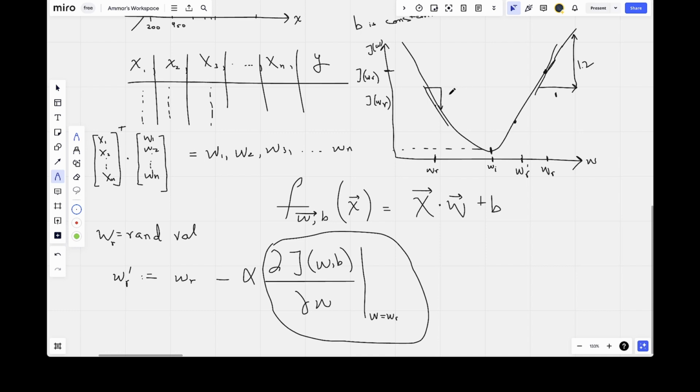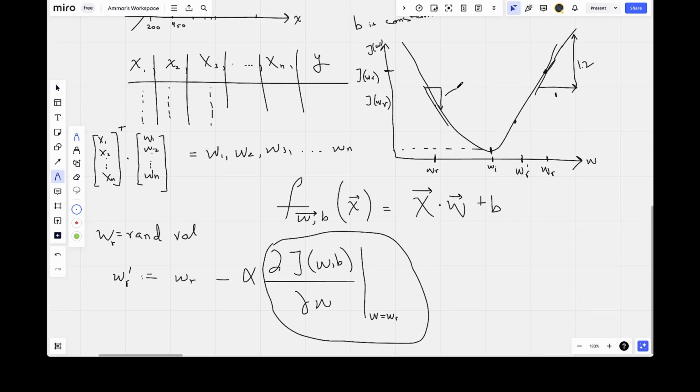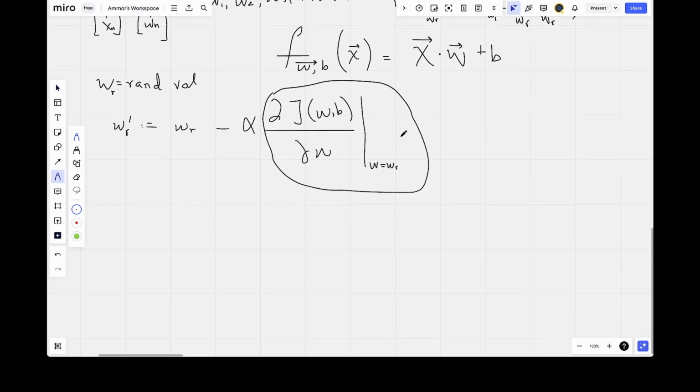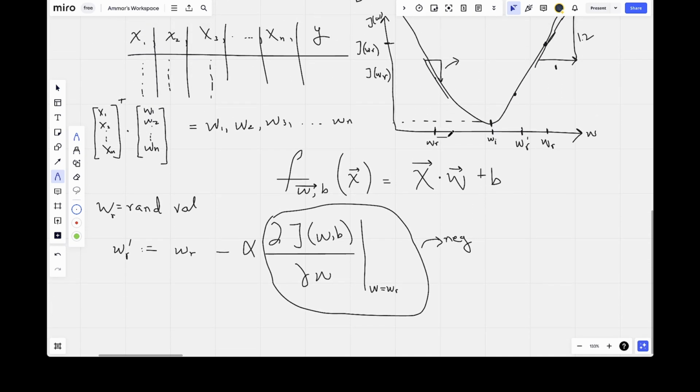It's not necessarily needed to know the exact value of the slope, but we know that whatever the value might be, it's a negative number. That means that if I nudge W in a positive direction, the value of J is actually decreasing, which is exactly what we want. So the derivative here would be a negative number, and we want W to be increased.